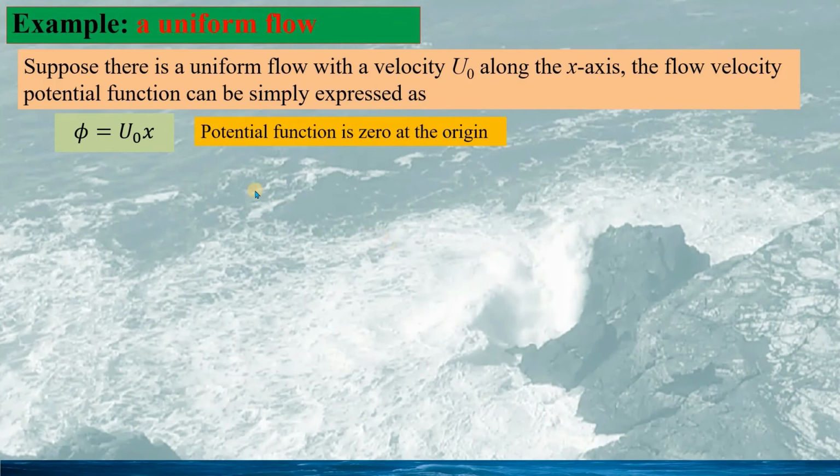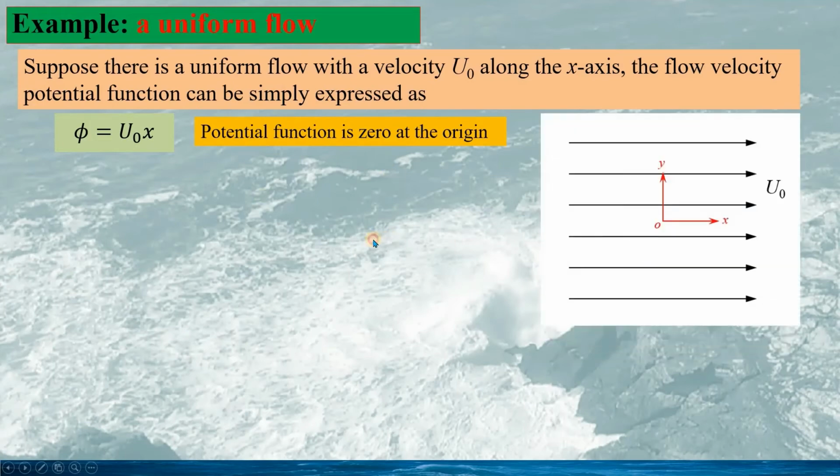In the following slide, we will see an example, the very simple uniform flow. The uniform flow with the velocity u0 along the x-axis, and the flow velocity potential function can be expressed as phi equaling u0x, and this potential function would be 0 at the origin of the coordinate, see here.